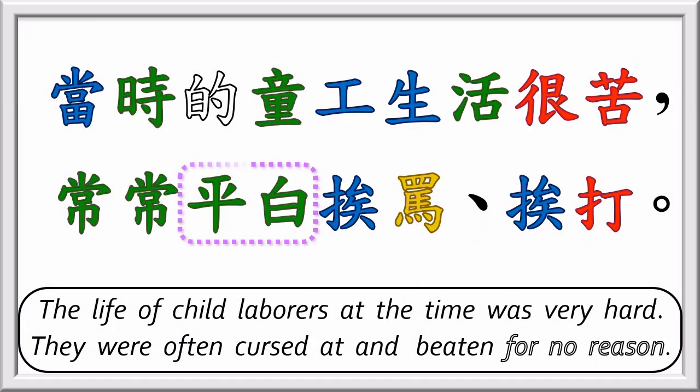Notice the phrase 省得, meaning to avoid, lest something unfortunate happen. 当时的童工生活很苦，常常平白挨骂挨打。The life of child laborers at that time was very hard. They were often cursed at and beaten for no reason.